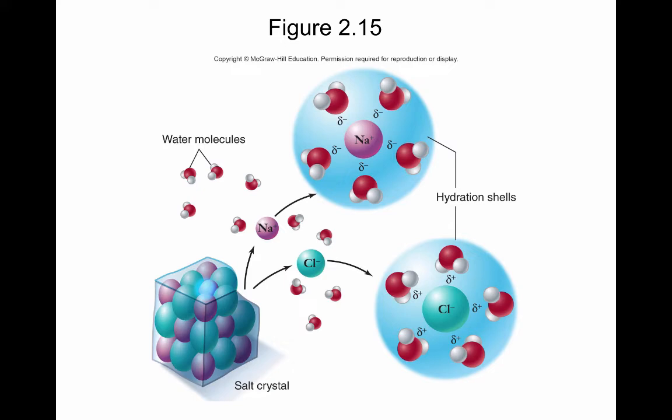That's also how you get saturation, which means that all the water molecules are engaged and busy in these hydration shells, and there's no more water left to dissolve any more solute. That's how you end up with a bunch of sugar in the bottom of a cup of iced tea that you can't get to stir in, because all the free water molecules have been used to dissolve the sugar.